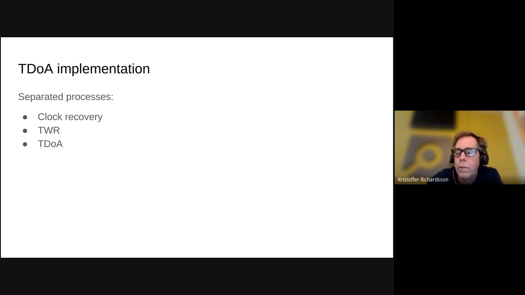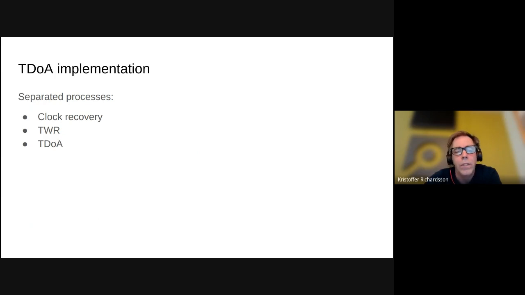Again, if you read the documentation for the radio chip, there is probably some sort of a nice formula telling you how to do this. In our implementation, we have separated clock recovery and the two-way ranging between anchors and the TDOA process because they are pretty independent.